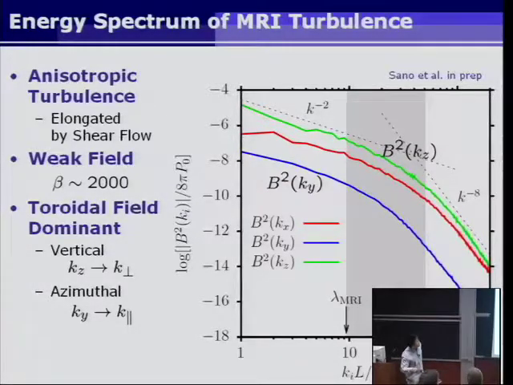In between, there is a specific slope here, and I guess this could be the inertial range. I checked the slope of this range. By the way, in MRI turbulence, By is dominant. So in some sense, kz is comparable to k parallel, and the azimuthal direction could be k perpendicular.